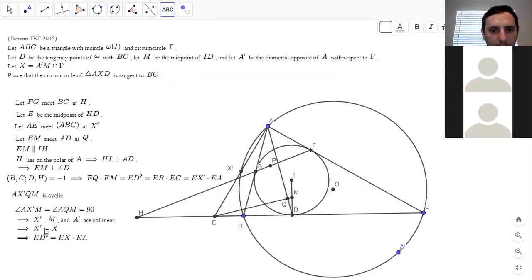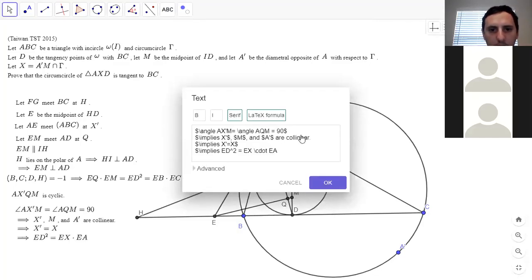And that means that the circumcircle AXD is tangent to BC.